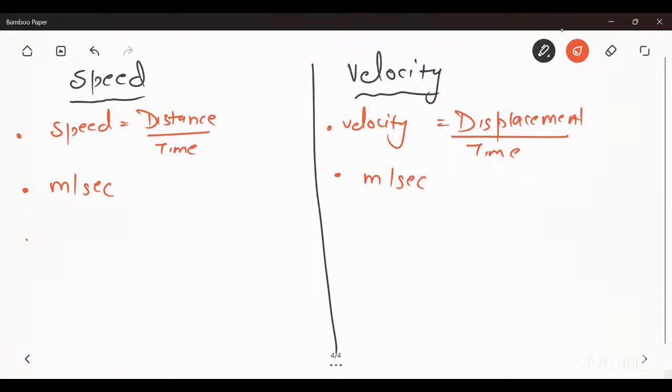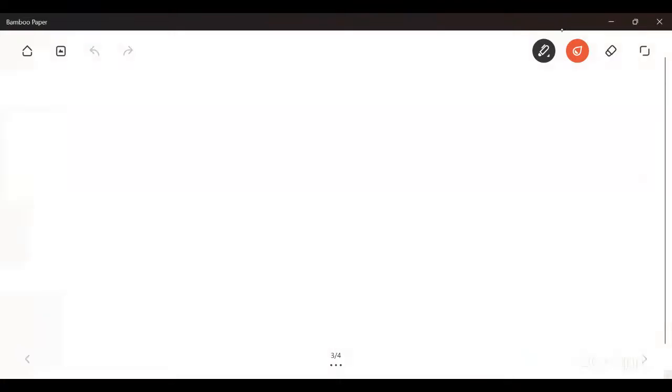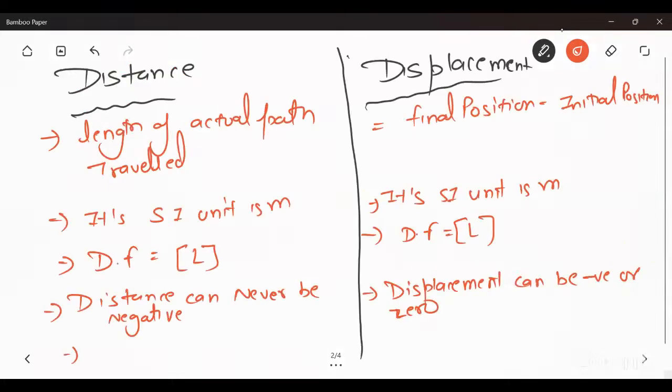Next, speed is a scalar quantity because distance is also a scalar quantity. Scalar quantity means that which has only magnitude, and vector quantity means that which has both magnitude and direction.